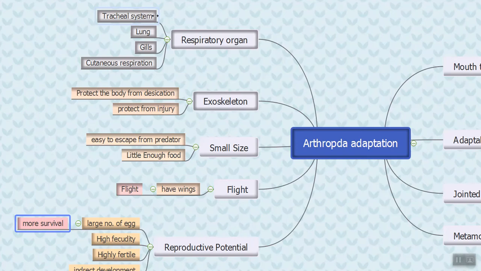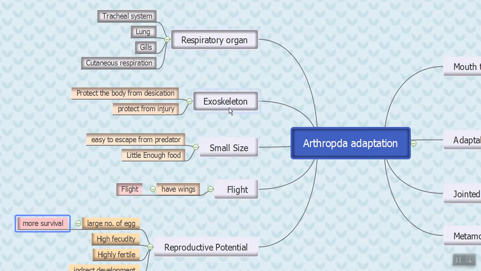As a result, the oxygen and carbon dioxide exchange takes place at the tissue level. Next, this group also has lungs, and some have gills as well. Many of them respire through the cutaneous route, the skin or the exoskeleton. Because of this wide range of respiratory systems, these animals have better respiration, and that leads to more survival.